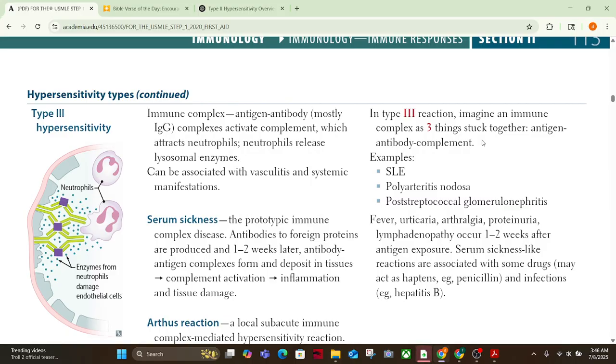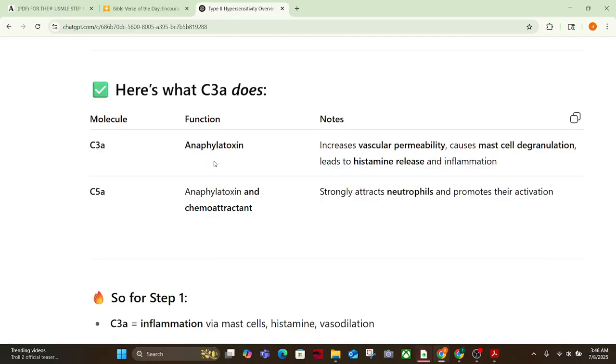Now, if I asked you whether C5a is a neutrophil chemoattractant, what would you say? The answer is yes. So see this. C3a is an anaphylatoxin. It increases vascular permeability, mast cell degranulation, leads to histamine release, and inflammation.